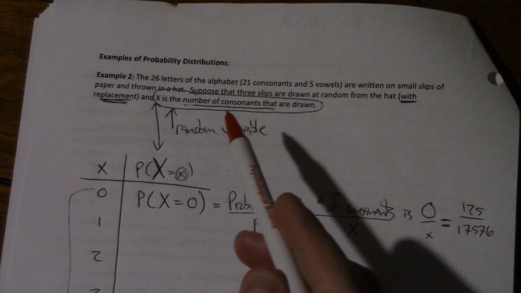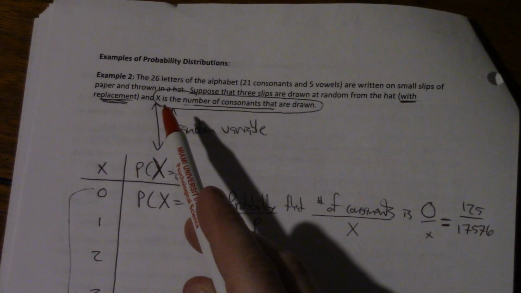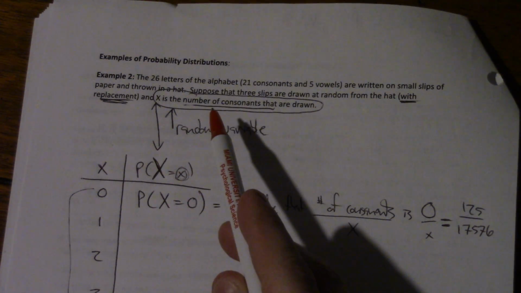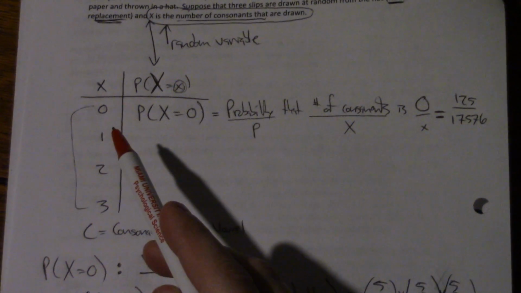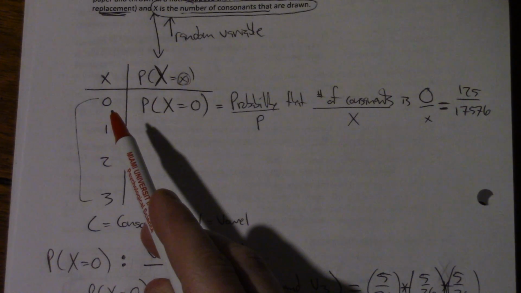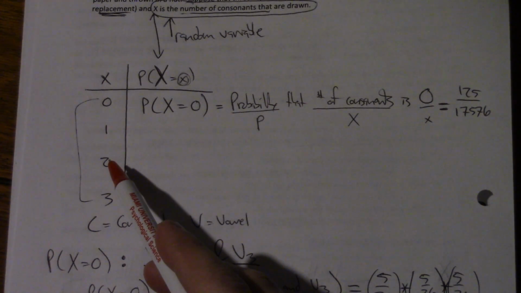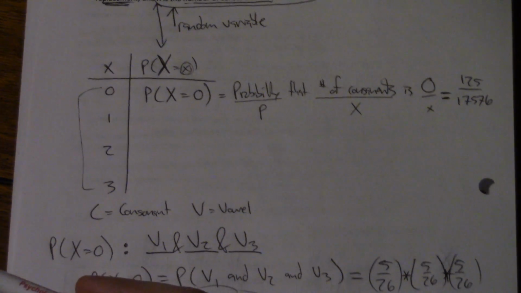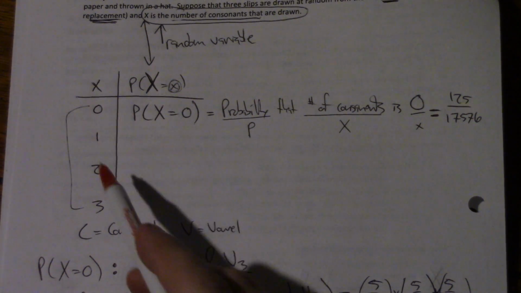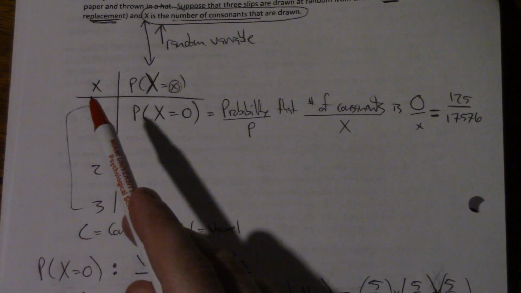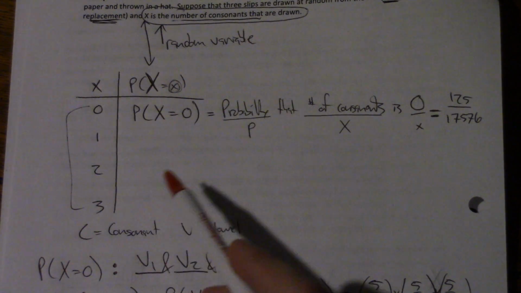So the first thing to think about is, what values of big X could we have? How many consonants could we see in our 3 slips of paper? As we established last time, that could be none, one of them could be a consonant, 2 of them, or all 3 could be consonants. As we create this probability distribution, all that is this table. It's a summary table.